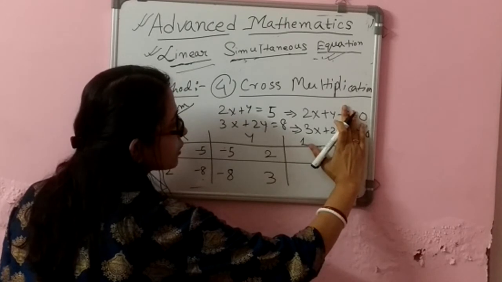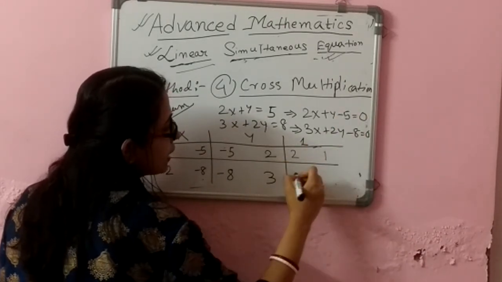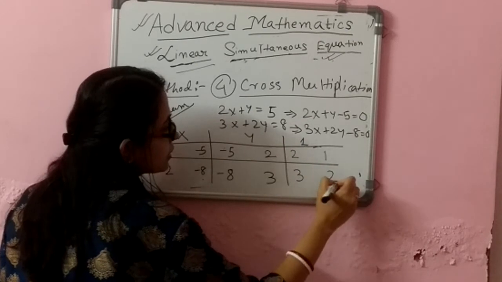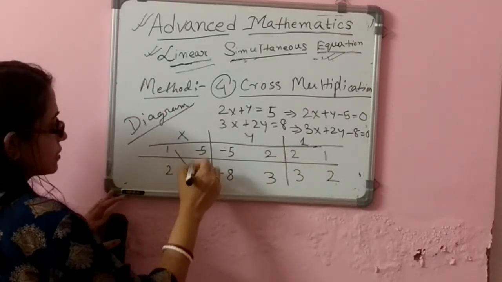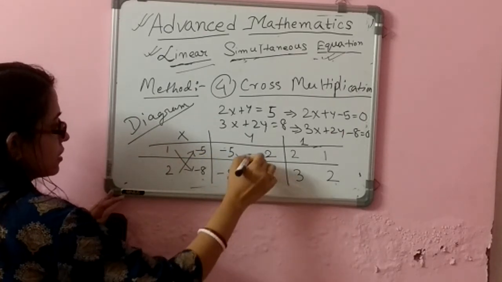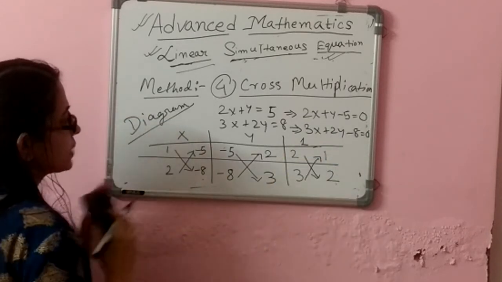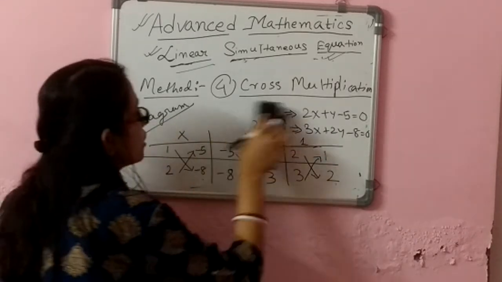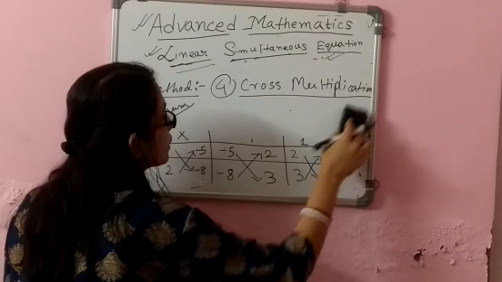If we close the part constant, then first 2, the coefficient of x, then 1, coefficient of y, then 3, 2. Fine. Cross multiplication is this. We have to cross multiply the coefficients of the variables and the constant part.